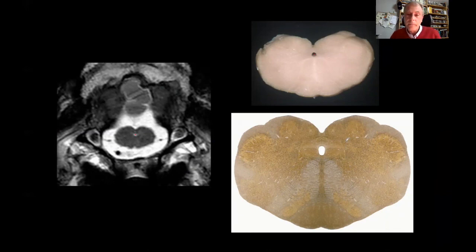We are at the level of the obex, and what do we see? The pyramids here. We still have the olivary nucleus here, and these fibers here are hypoglossal fibers coming from the motor nucleus of the hypoglossal nerve.